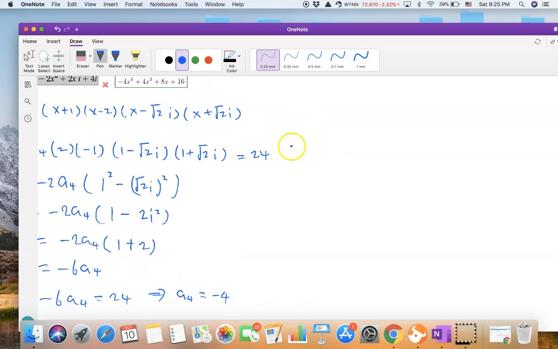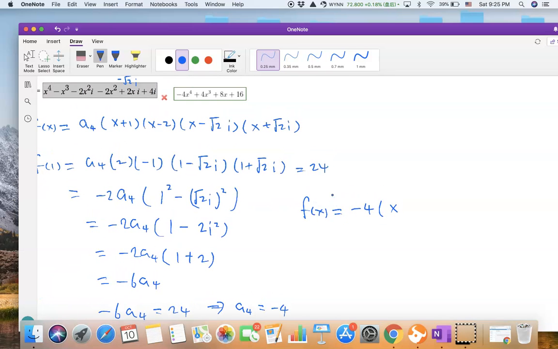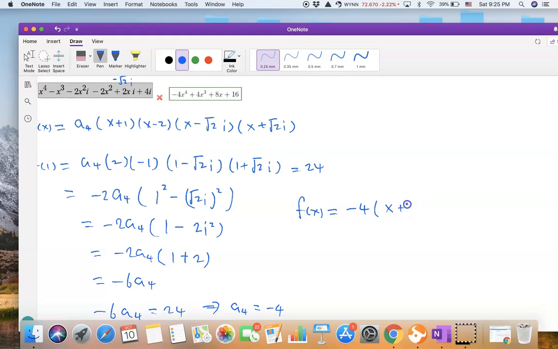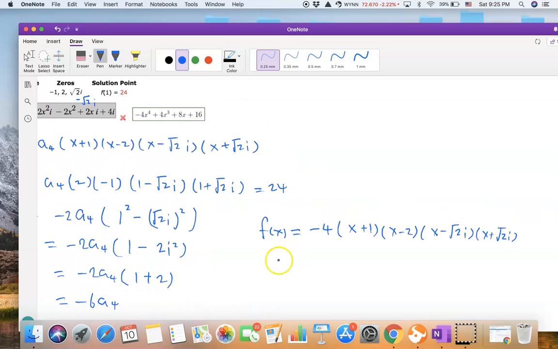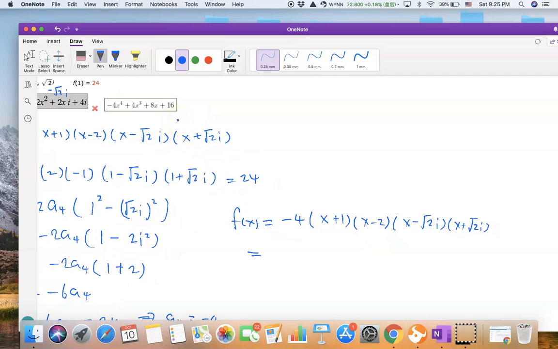So the polynomial function f(x) we can write as negative 4 times x plus 1 times x minus 2 times x minus square root of 2 i times x plus the square root of 2 i. If we simplify this result, we should get the same thing.